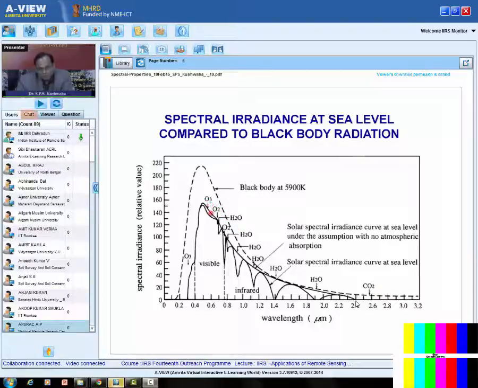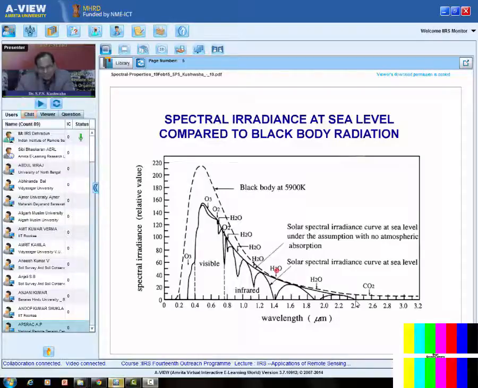Ozone is at different levels: ozone near the surface, and stratospheric ozone, which protects us from the harmful effects of ultraviolet light, which is again from the sun. CO2 and H2O are the two major gaseous elements which modulate.